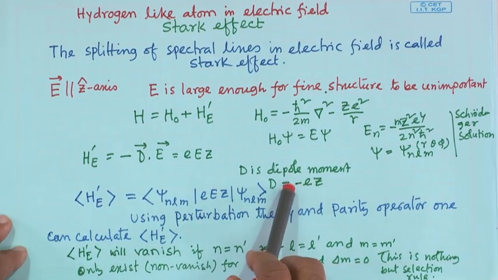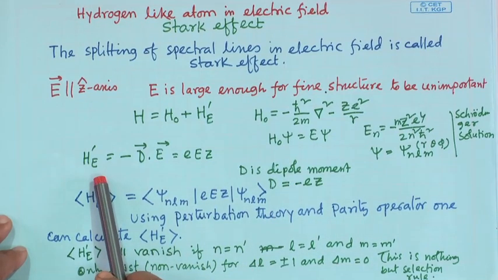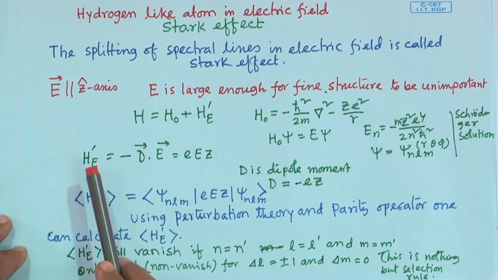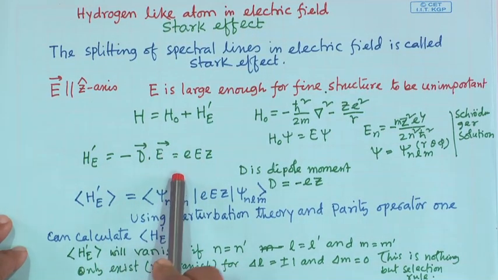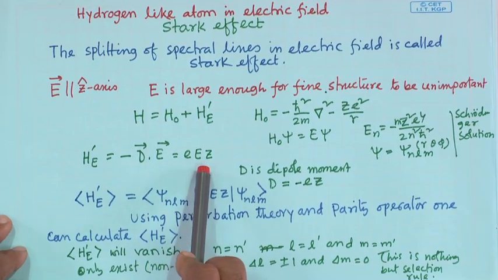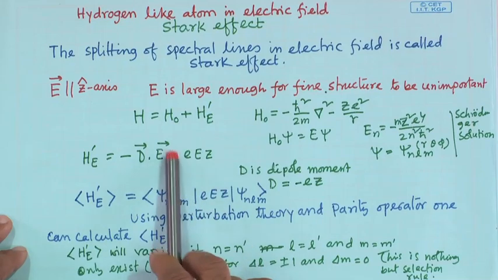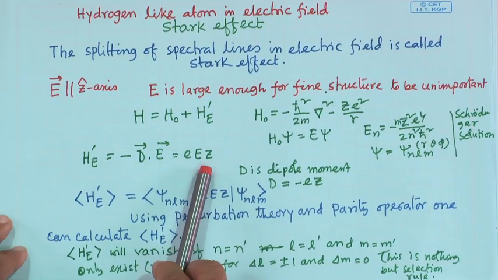So, in our case the interaction term, the perturbed Hamiltonian, is ultimately equal to capital E, the electric field, times Z. This is our perturbed Hamiltonian.